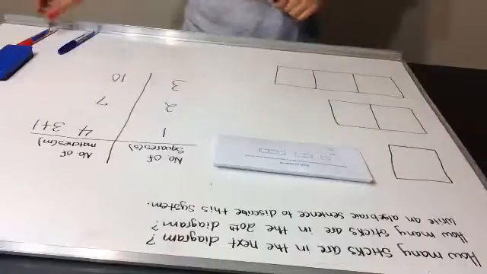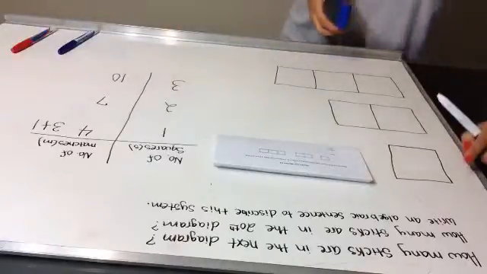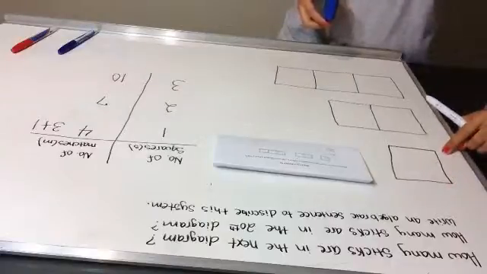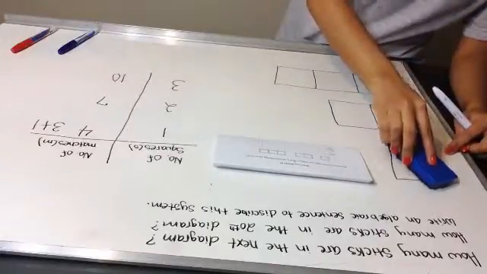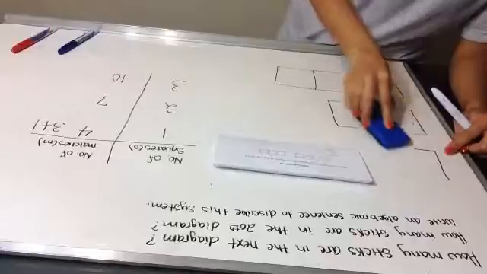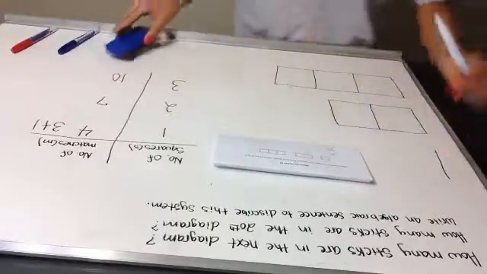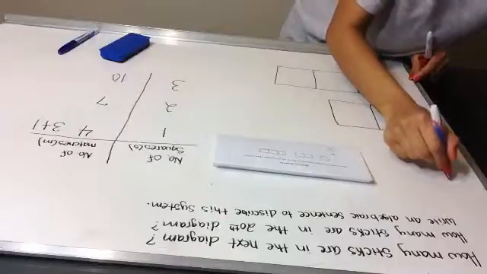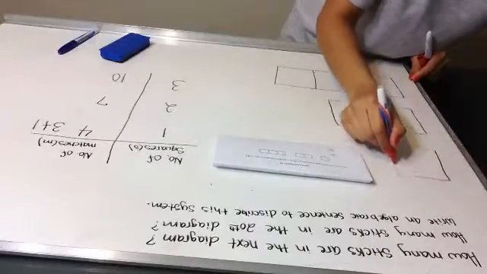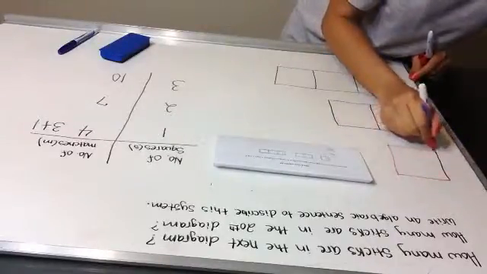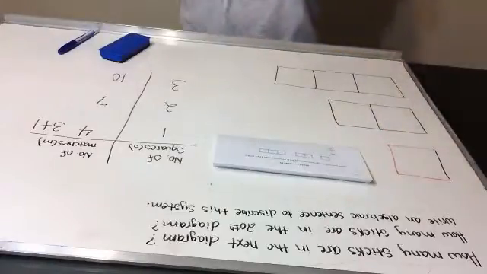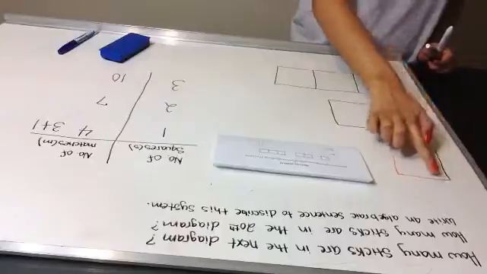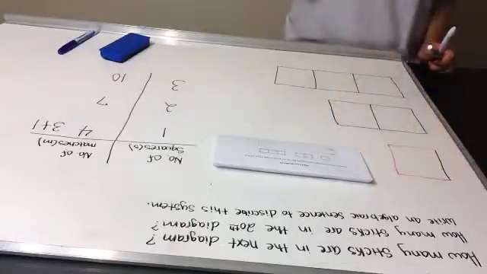You will notice that each square has 1 match and 3 sides, or 3 sticks, okay? So 1 match and there are 3 sticks: 1, 2, and 3. So this is where the 3 plus 1 comes from. We are always going to have 1 match and 3 sticks.